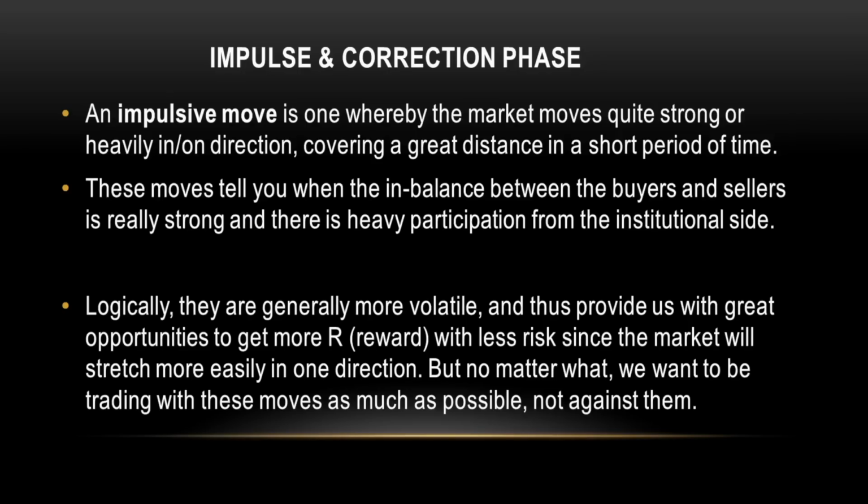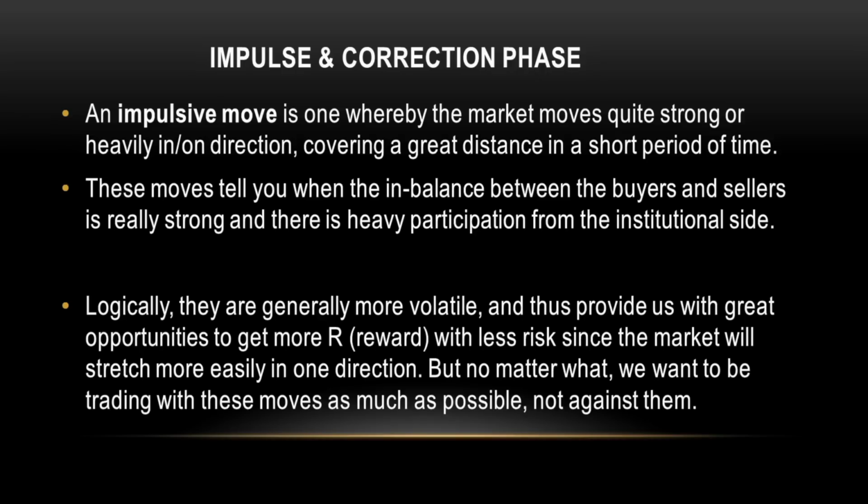Impulse and correction phases. An impulse move is one whereby the market moves quite strongly or heavily in a direction, covering a greater distance in a short period of time. These moves tell you when the imbalance between the buyers and sellers is really strong, and there is heavy participation from the institutional side of traders.